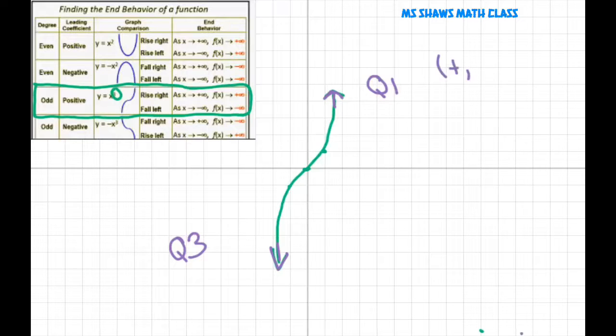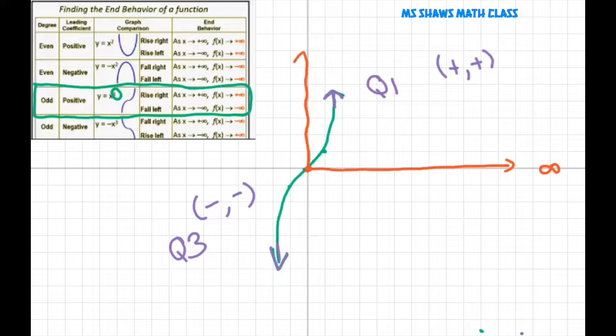Quadrant 1 is positive, positive. All right, quadrant 3, it's negative, negative. So all end behavior tells us is, as x gets larger and larger from 0, so do my y values. They get larger and larger. All right, so that's why we're in quadrant 1.